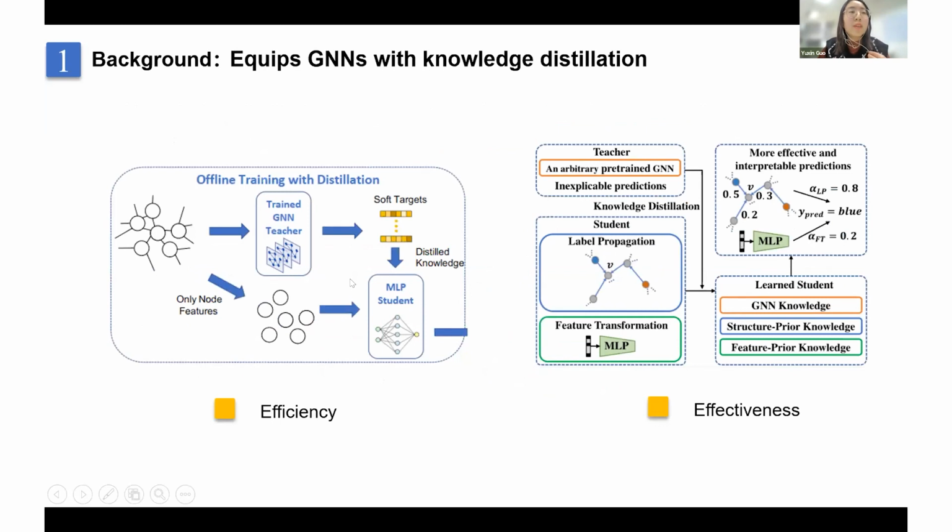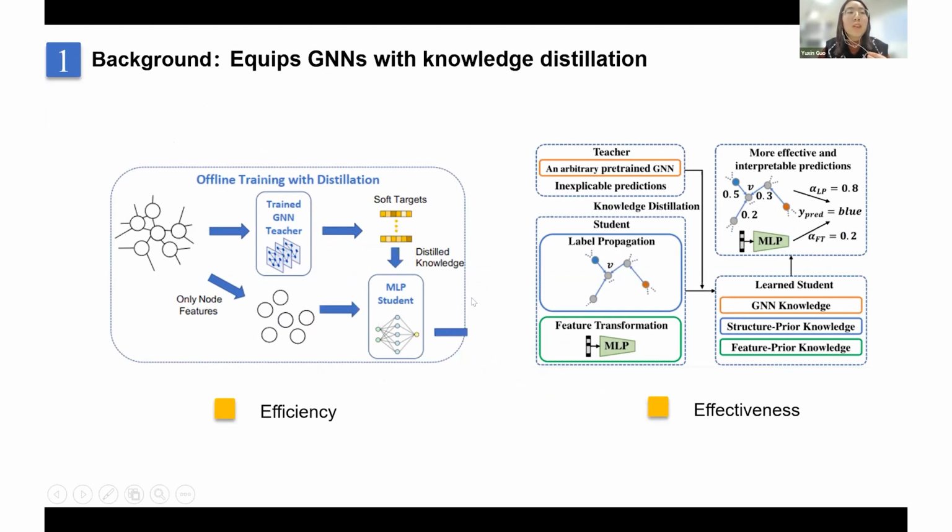Recently, there have been several works applying knowledge distillation to improve the efficiency or effectiveness of GNNs. From the perspective of efficiency, knowledge distillation can be used to compress a deep GNN model into a shallow one for faster inference.